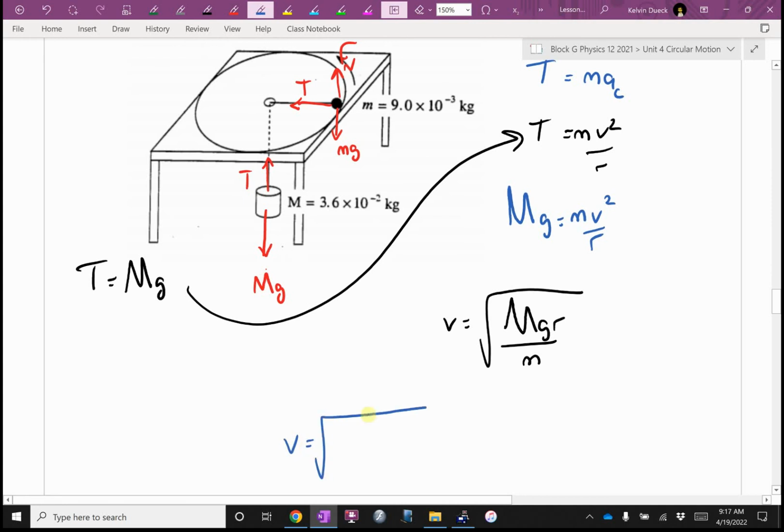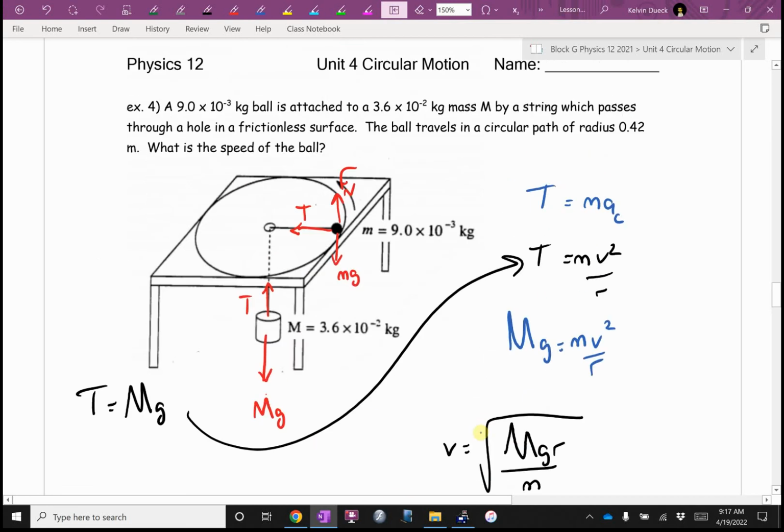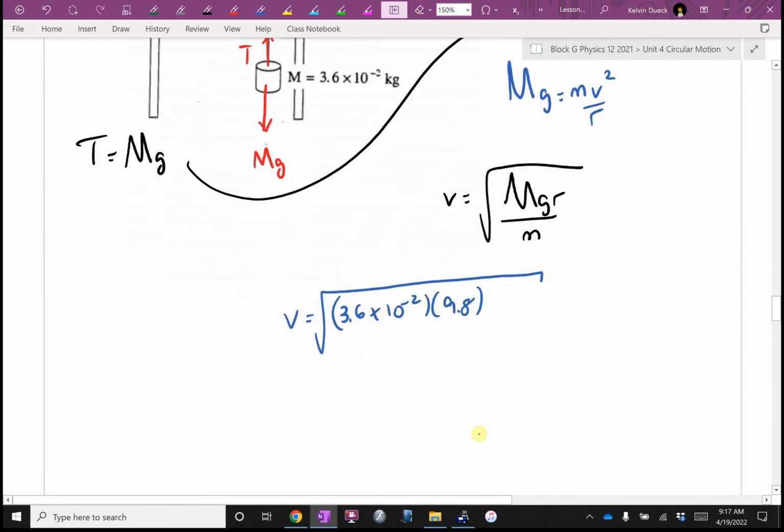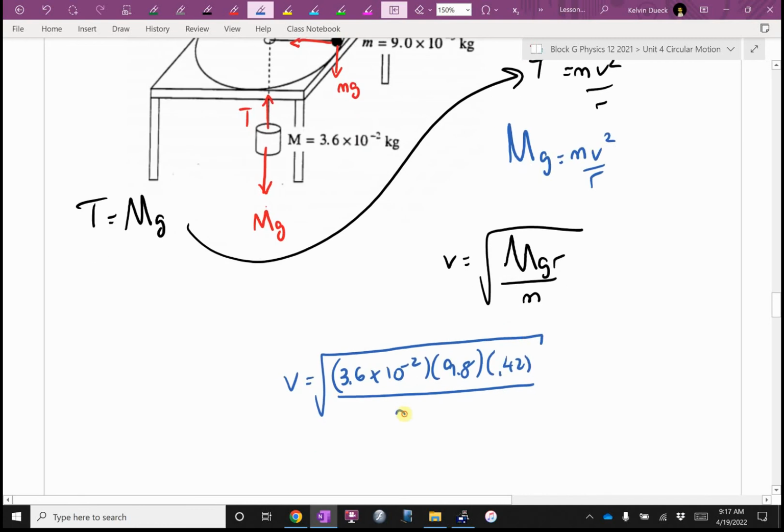V is going to be big M, 3.6 times 10 to the negative 2, times 9.8. What was R? 0.42. All over 9 times 10 to the negative 3.